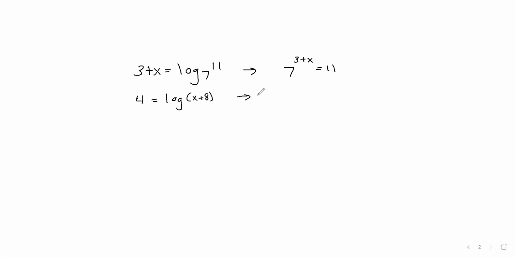In exponential form, my base 10 raised to the 4th power equals x plus 8. And because that's in parentheses, that's how I know to bring the entire x plus 8 with me. If I didn't have the parentheses there, I wouldn't be able to do it the same way. It would not be equal to x plus 8. So the parentheses are important.